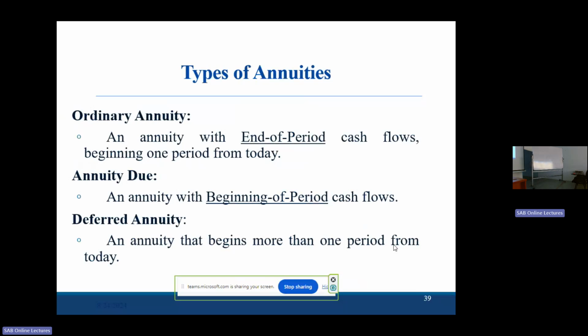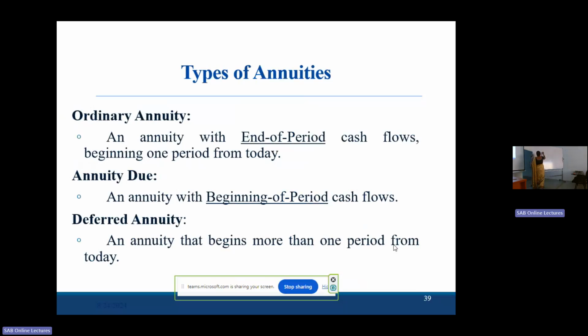So annuities can be of different types. Here we have mentioned three, but in addition to that, perpetuity is also there: ordinary annuity, annuity due, and deferred annuity. So what is the ordinary type annuity? An ordinary annuity means cash flows occur at the end of the time period. Suppose this is the annuity, 0, 1, 2, 3.